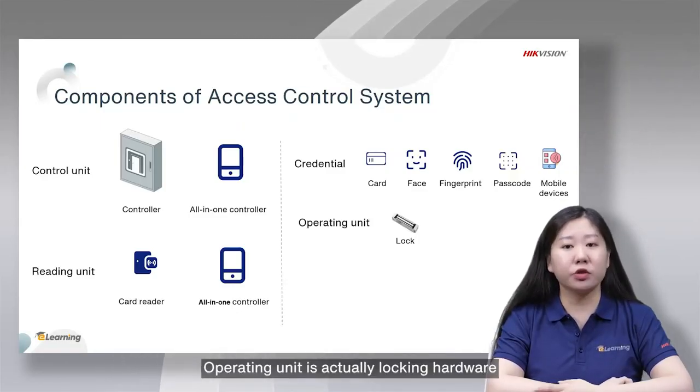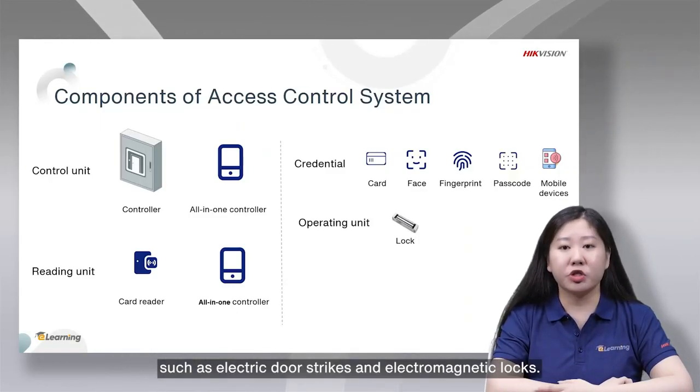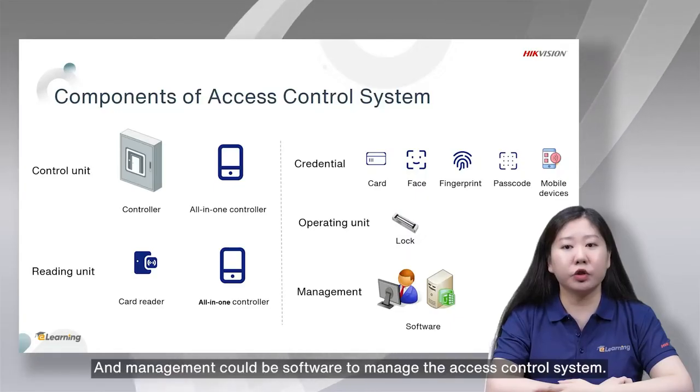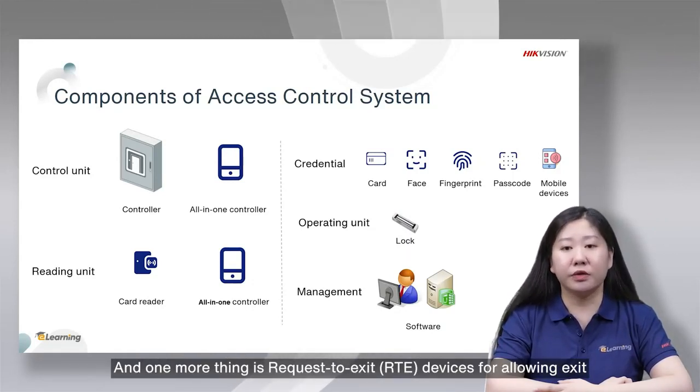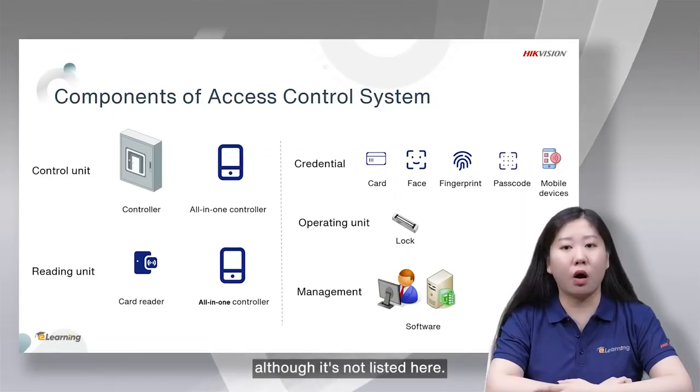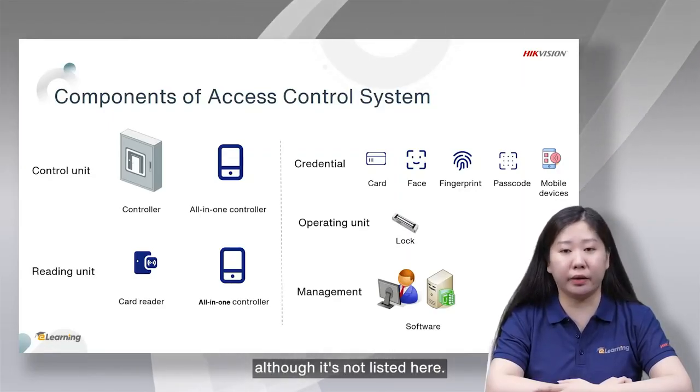Operating unit is actually locking hardware, such as electrical door strikes and electromagnetic locks. And the management could be software to manage the access control system. And one more thing is request to exit or RTE devices for allowing exit, although it's not listed right here.